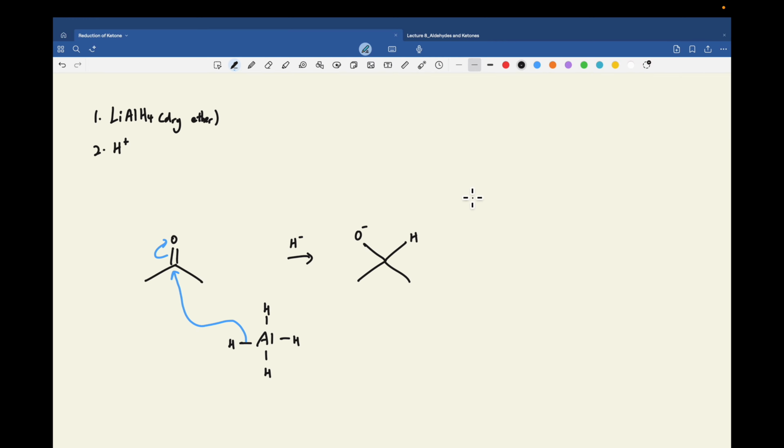And so from here, this negative oxygen is going to grab the AlH3. It is going to use its electrons to grab the AlH3, forming this structure, AlH3, and this Al is negative again.